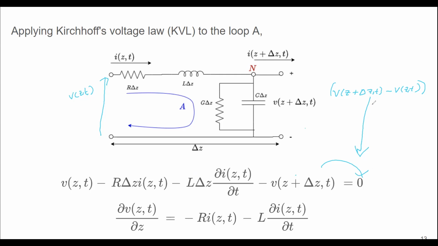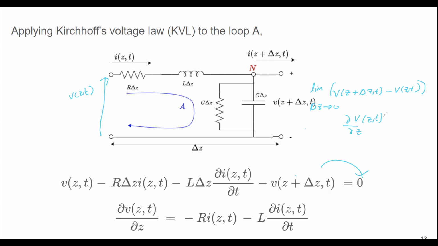Right, so once you make the delta Z value go to 0, we can say that this expression is equal to partial V over partial Z. So we have sent delta Z to 0.